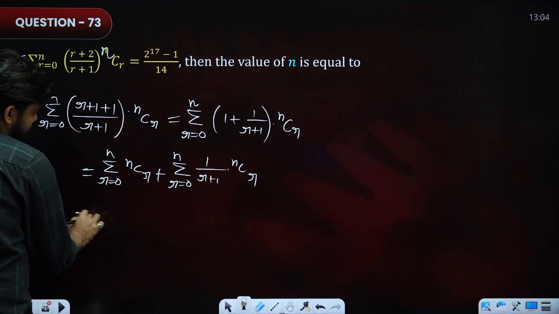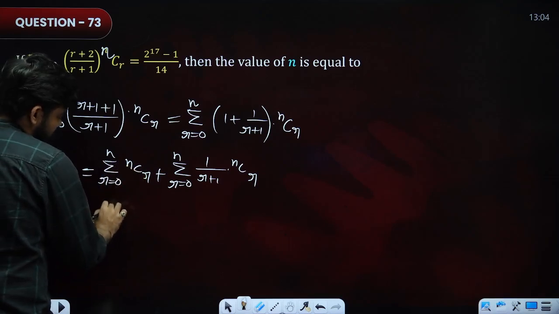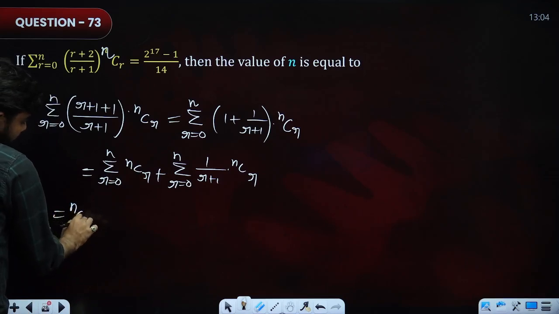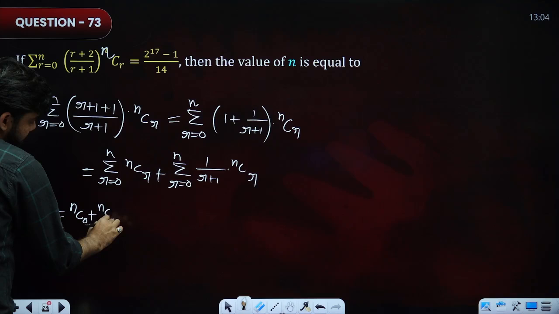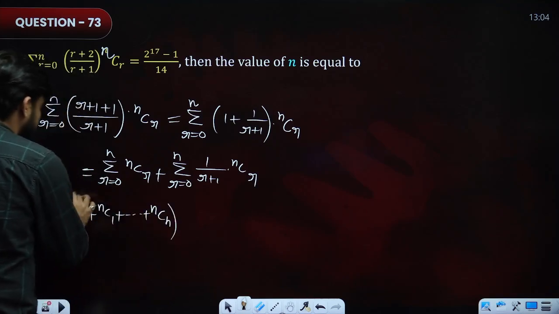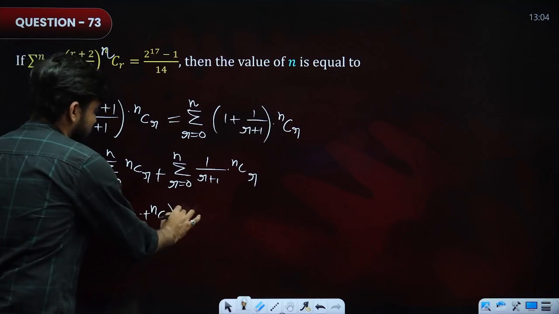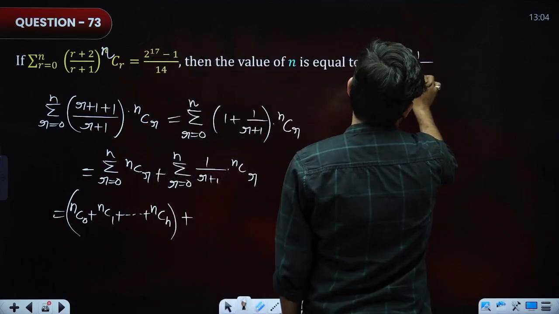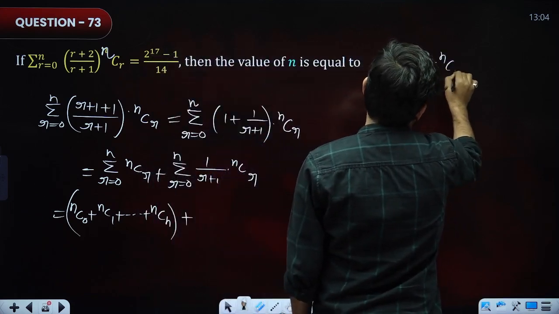So this is equal to what? 2 raised to n, as you know, because if you write nC0, nC1, okay, till nCn, it goes, correct?